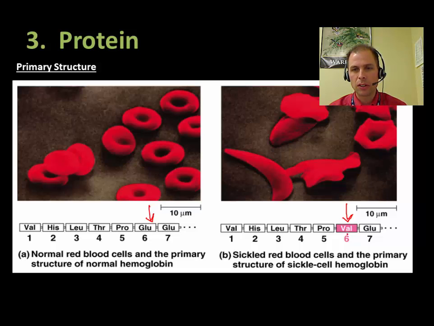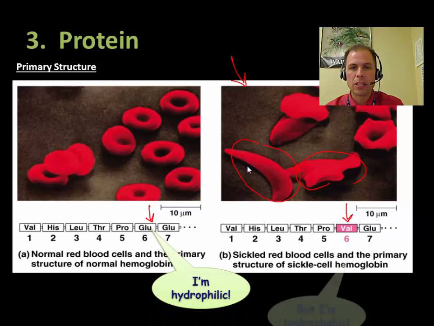And that single amino acid change out of all 146 results in a change in the morphology of the cell. Look at these shapes of cells related to the normal red blood cell biconcave disc. Which one do you think will have a difficult time getting through capillaries as blood cells line up in single file line? Yeah, you got it, sickle cell anemia.